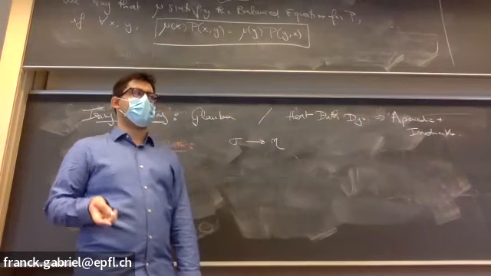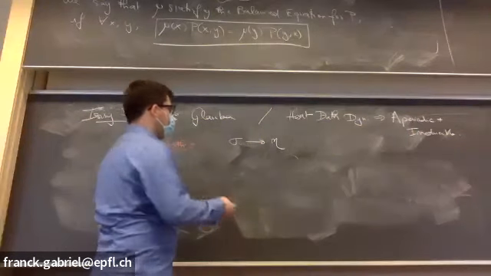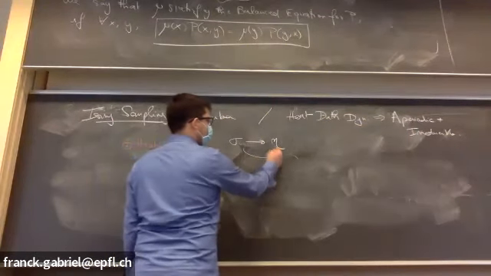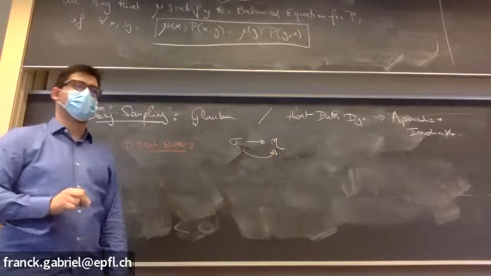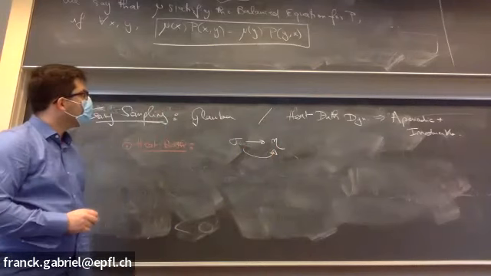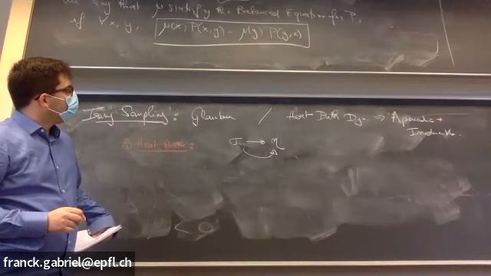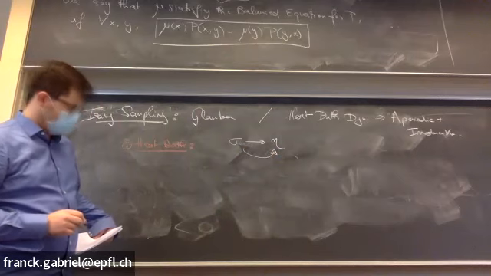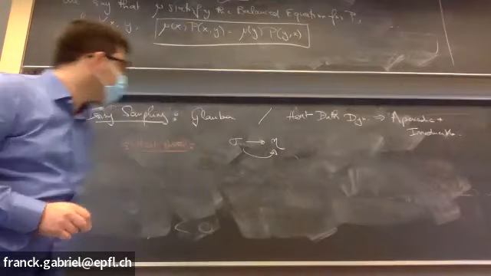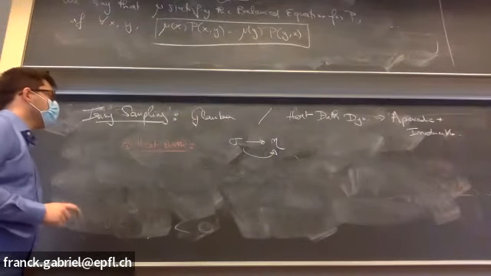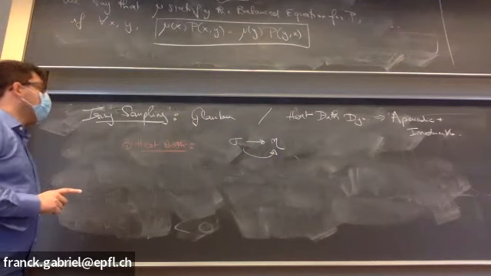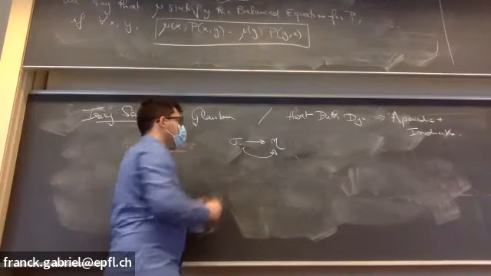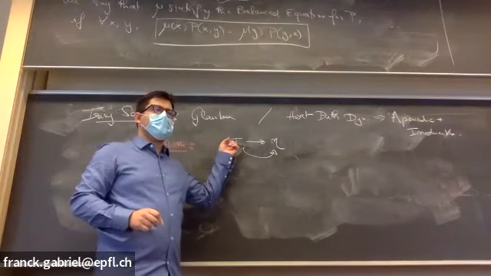Now, why is it aperiodic? Well, the thing is that if I have a path which goes from sigma to eta, under the heat bath, what's happening?